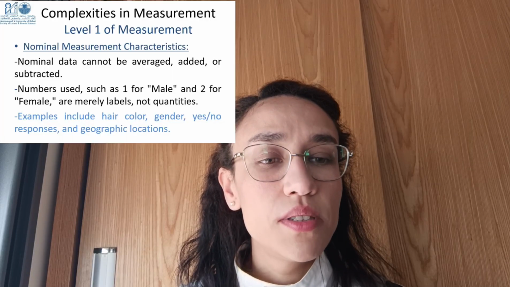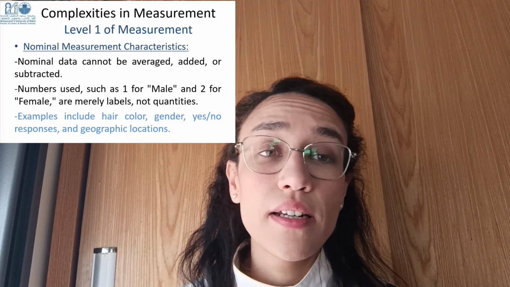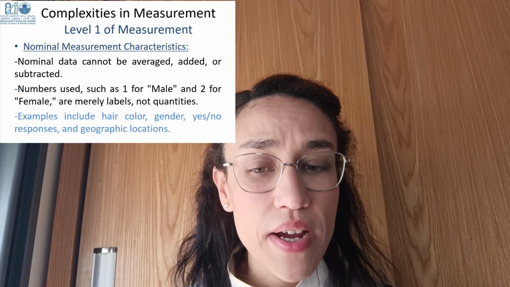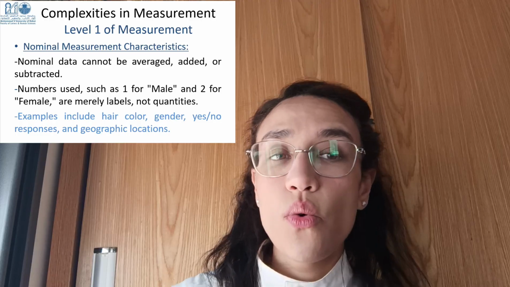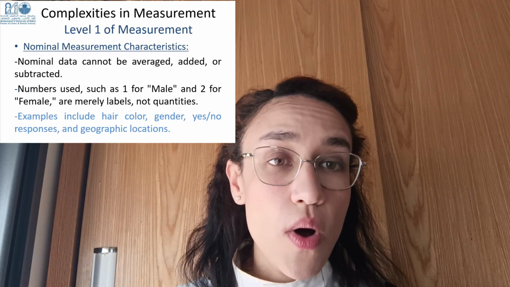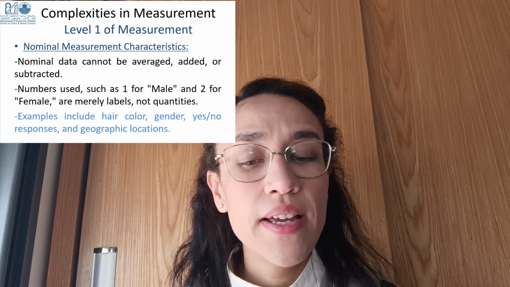Characteristics of nominal measurements are nominal data cannot be averaged, added, or subtracted. Numbers such as 1 for male and 2 for female are merely labels, not quantities. Examples include hair color, gender, yes-no responses, and geographical locations.